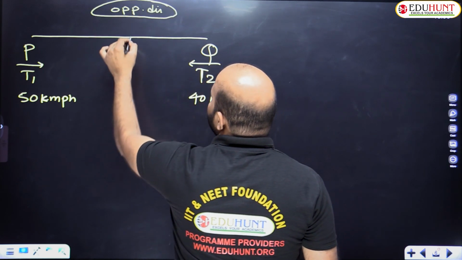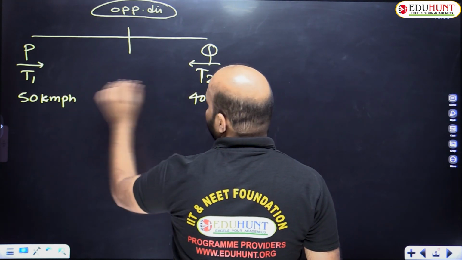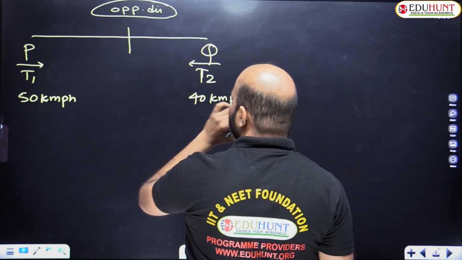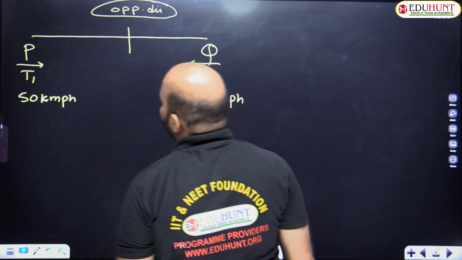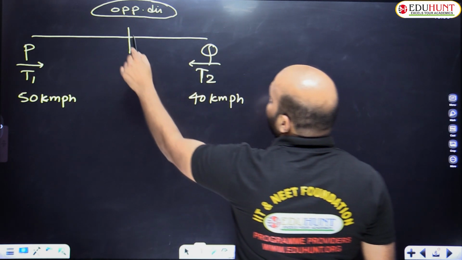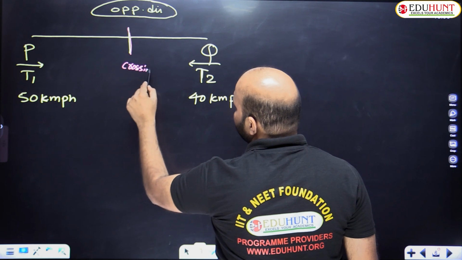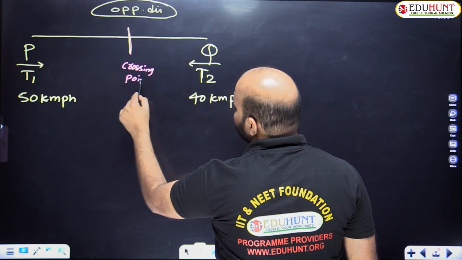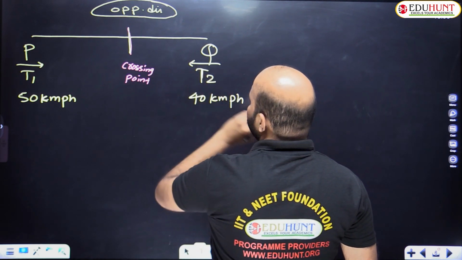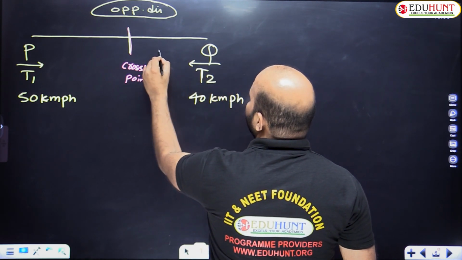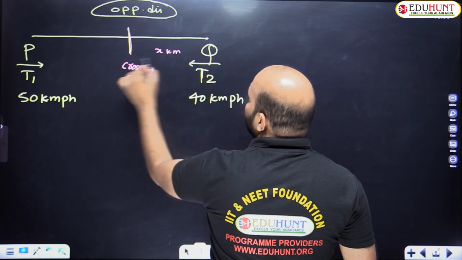So for example, this is a crossing place. What I have taken is that the speed of T1 is greater than T2. So clearly we need to understand. In that question, it will be considered a crossing place or passing place, the crossing point. So clearly we have to observe. T2 starts from Q. For example, T2 covers x kilometers from Q to the crossing point.